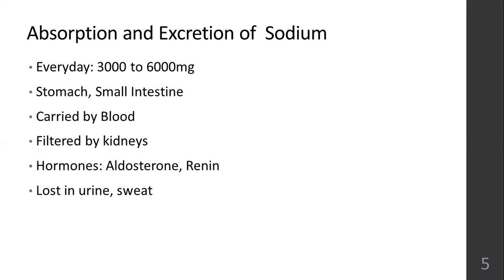Resorption means when blood is passing through the kidney, it's getting filtered. Initially, all the sodium will be taken out. But you are not supposed to lose all the sodium in that single filtration. So in the collecting ducts itself, the sodium will get absorbed back into the body.